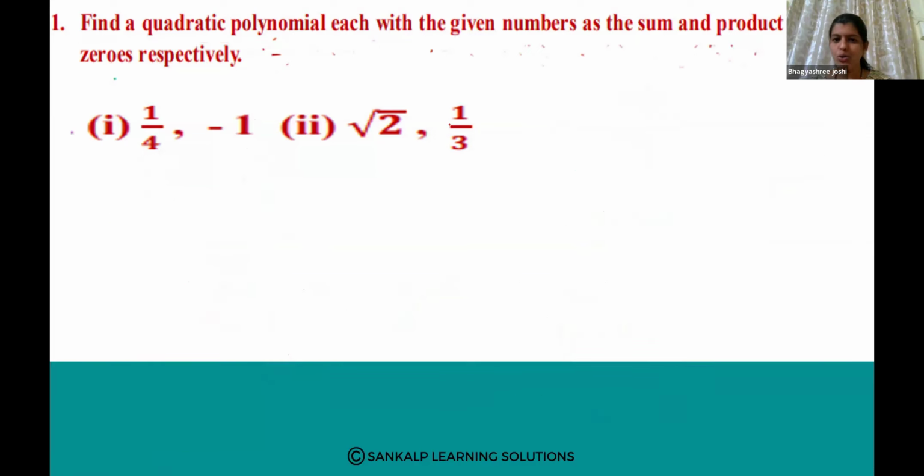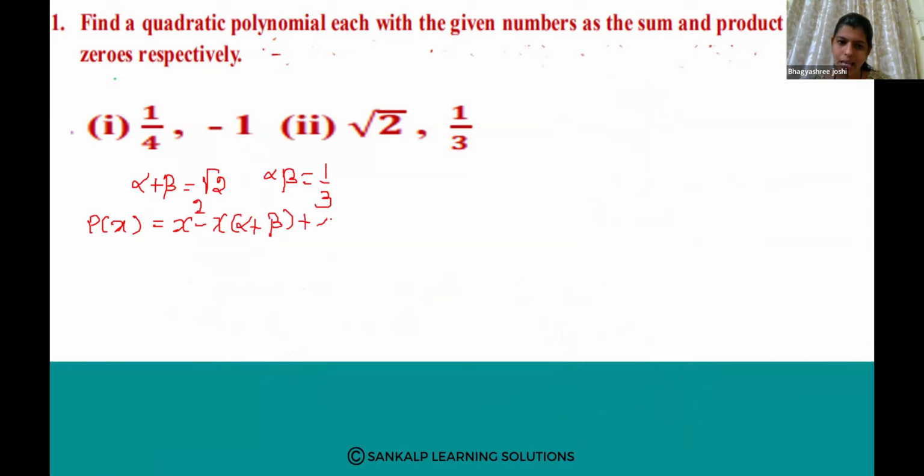Next question. Root 2 and 1 by 3. Here also, alpha plus beta value is root 2 and alpha into beta value is 1 divided by 3. Then what is our expression? P of x equal to x square minus x into alpha plus beta plus alpha into beta, right? Now, x square minus x into root 2 plus 1 by 3.